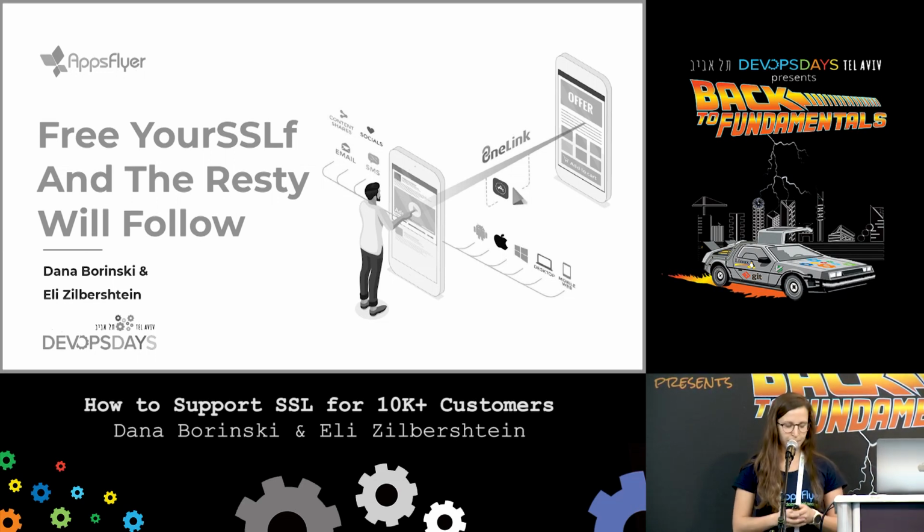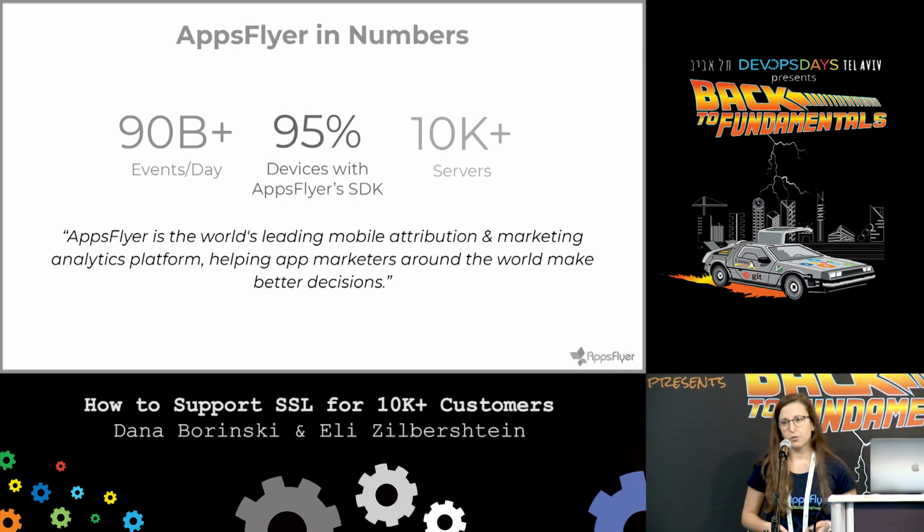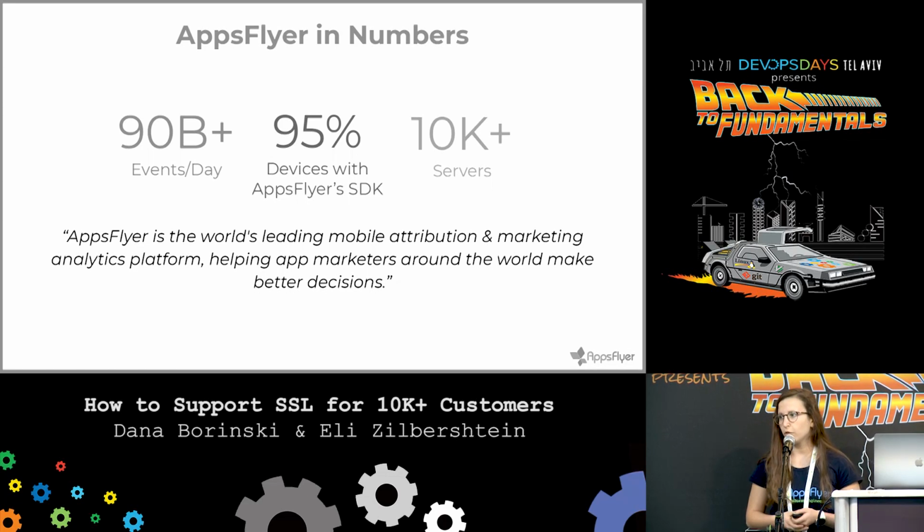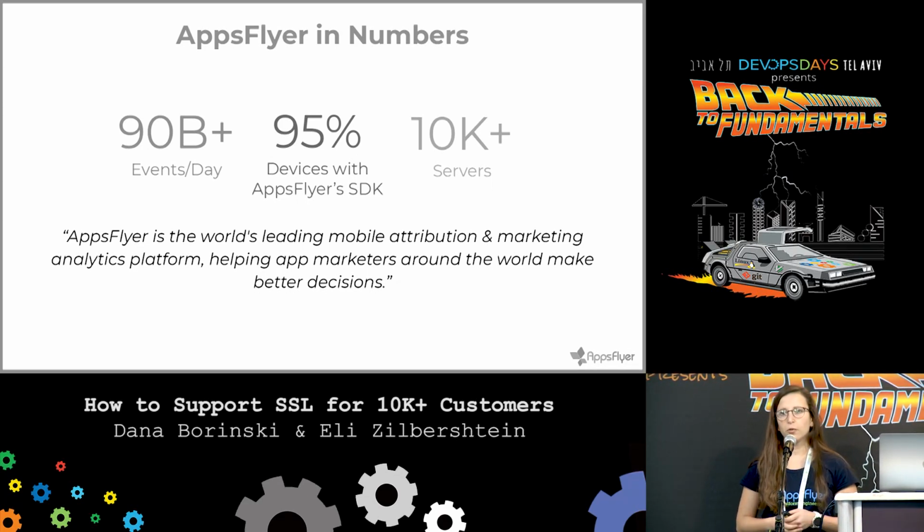So let's start. A little bit about AppsFlyer. AppsFlyer is the world's leading mobile attribution and marketing analytics platform. We help app marketeers around the world to make better decisions and basically get better insights on how their campaigns perform. So we process around 90 billion events per day. Sometimes it's less, sometimes it's more, depends on the traffic, of course.